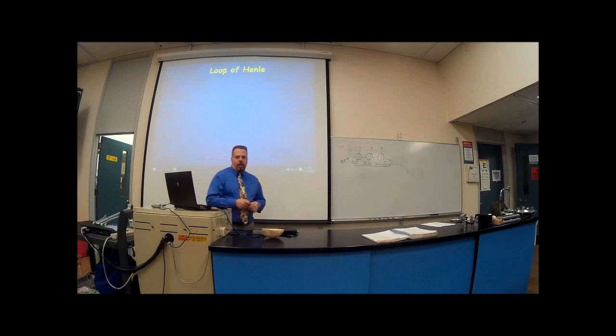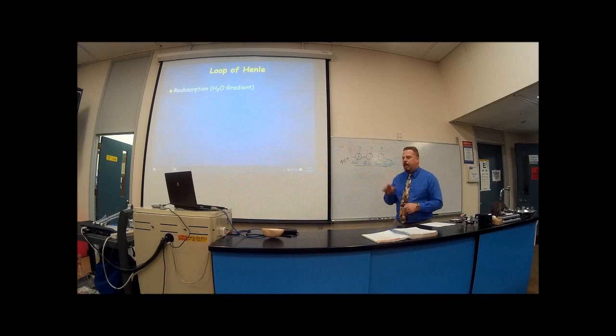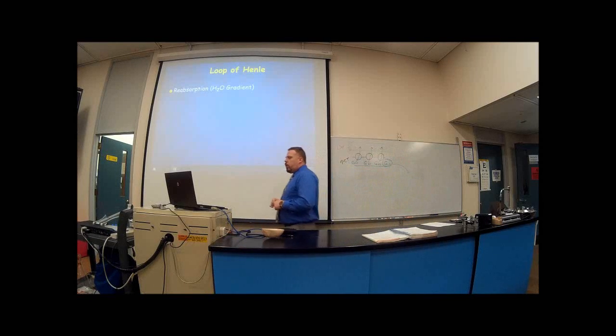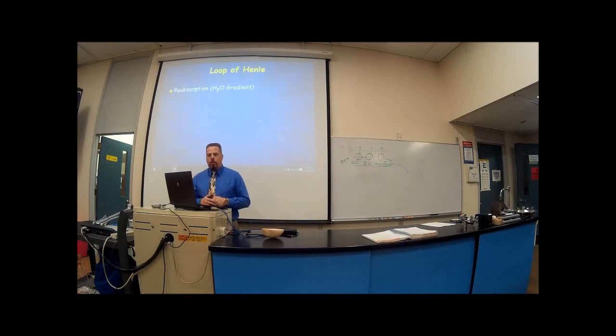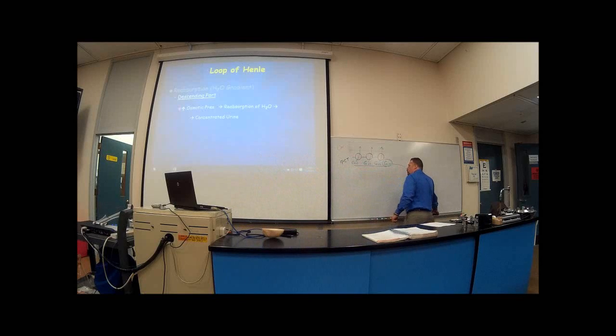All right, now loop of Henle, right? We talked a little bit about this. This gets a little bit more complicated now. Reabsorption through the water gradient, going from a high concentration to a low. The descending part is going to reabsorb water.